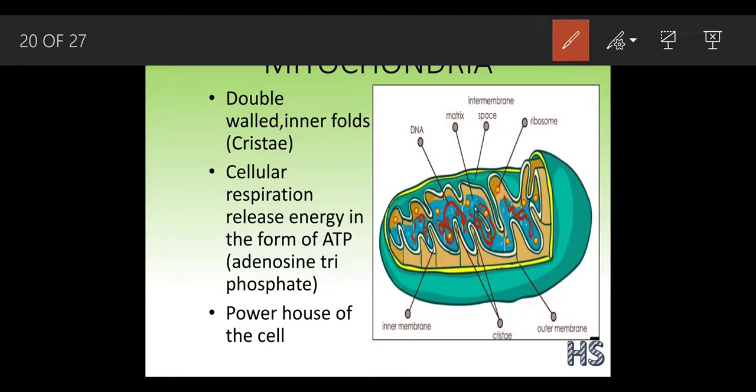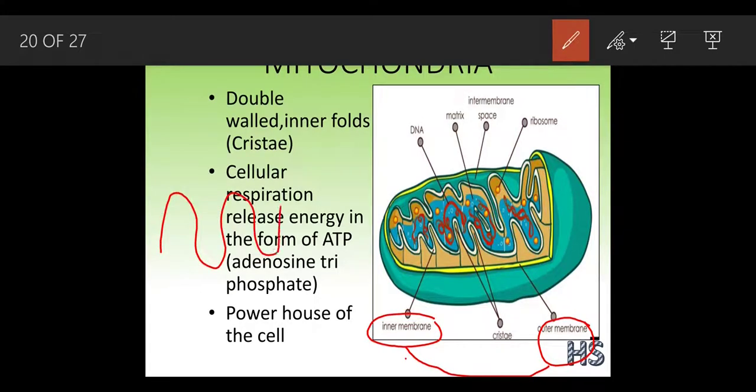It has a double wall and the inner folds are called cristae. What do you mean by double wall? We can see here the two structures. This is the outer membrane and this is the inner membrane. So these are the double wall. Now there are some folds inside which are called cristae.